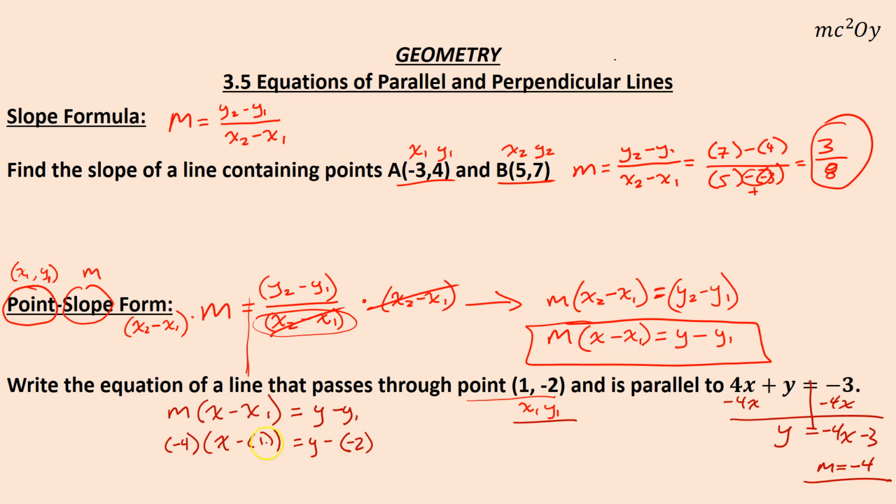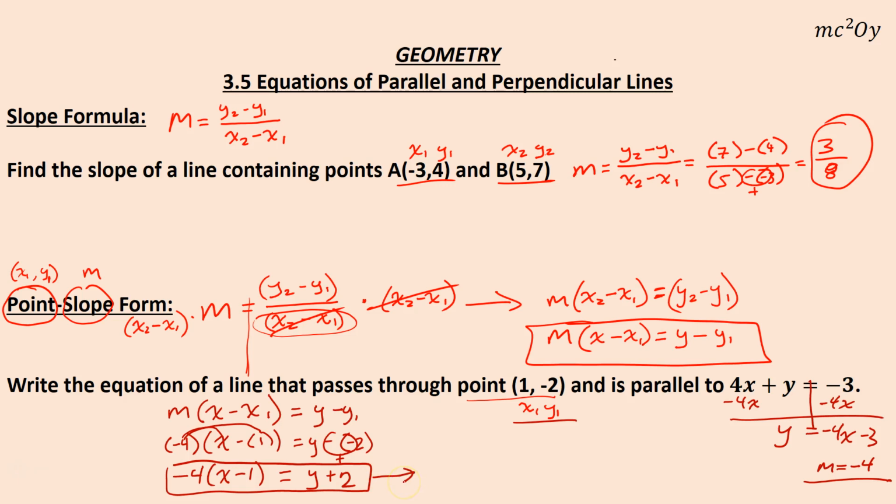Doing some simplifying and getting rid of all these parentheses here, this would just distribute if we want it. Well, first, let me just write it without the parentheses. Negative 4x minus 1, so we have that one set of parentheses, and then y, 2 negatives make a plus. It would be perfectly fine to leave it like this. That is an acceptable format.